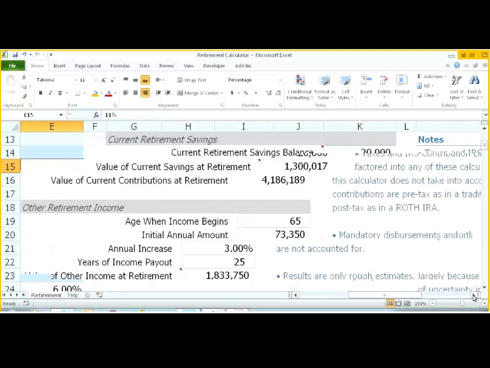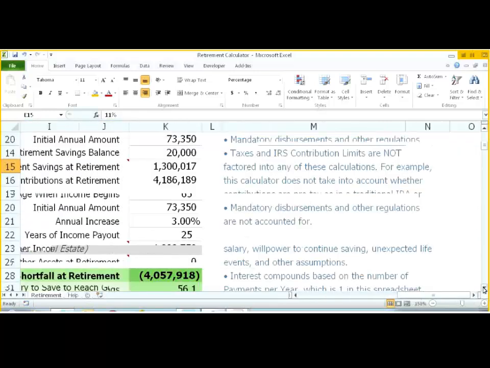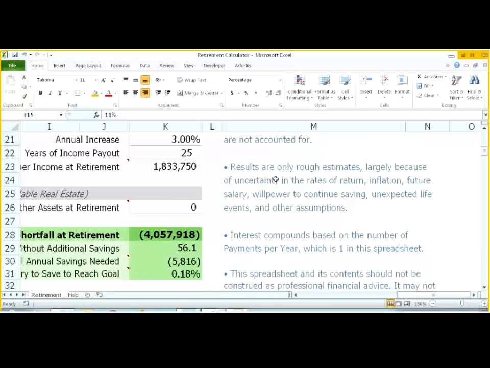And it actually goes over here, and it has some disclaimers, and it says results are only rough estimates, largely because of the uncertainty of the rate of returns. That was the 6 versus 8 versus 11. Inflation, because we don't know what inflation is going to be. Your future salary, your willpower to continue saving, unexpected life events, and other assumptions.